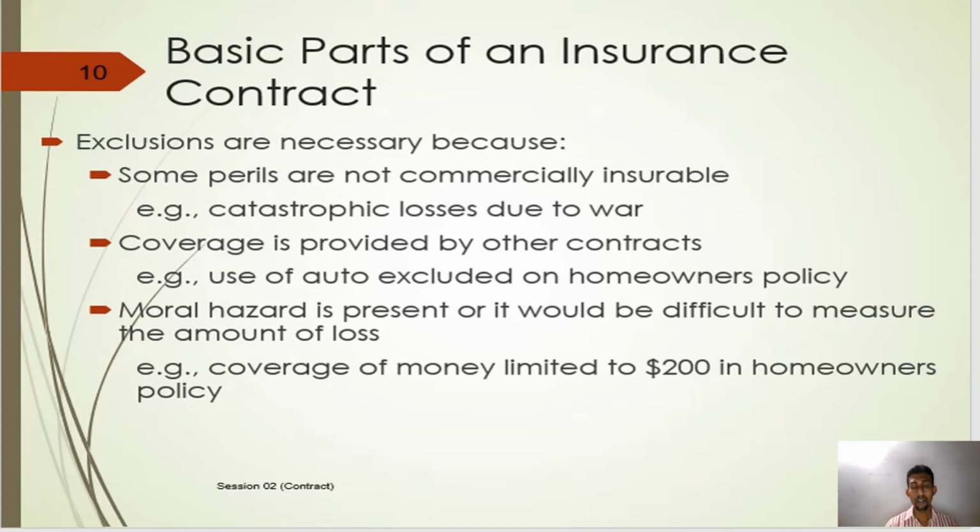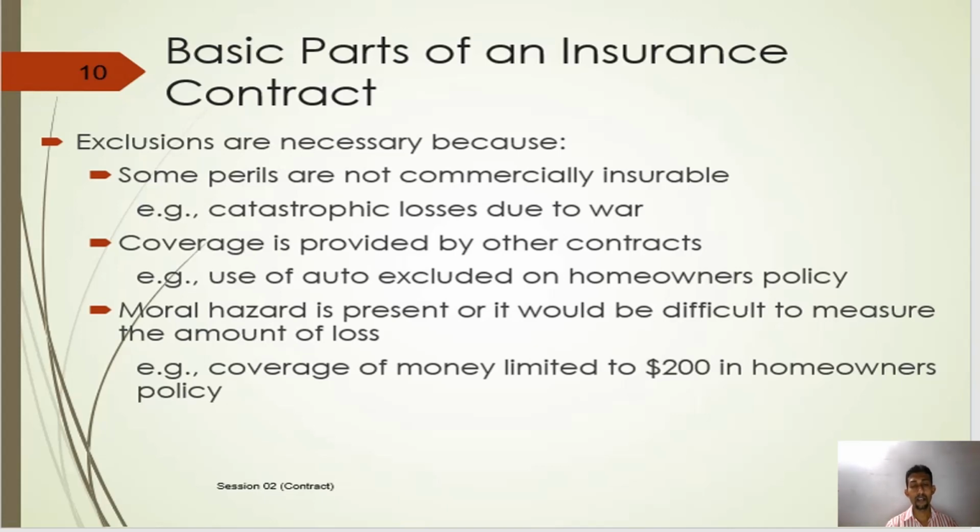And also another key thing that we see is moral hazards. Especially to avoid moral hazards, organized contracts are mentioning limits for certain losses. So for example, coverage of money limit of $200 in homeowners policies, certain percentage of claims to avoid moral hazards.